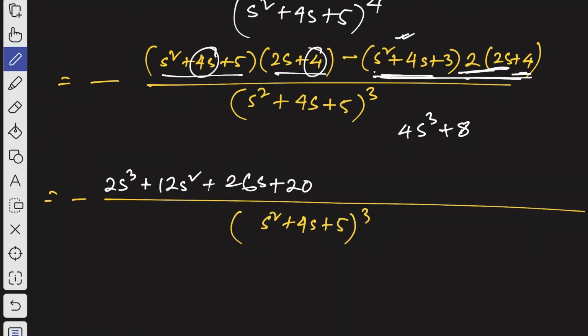So here we should get 8s square, then what we will get, 4 into 4s, that's going to be plus 16s square, 4s into 4s, 16s square, then 4 into 4s into 8, that's going to be 32s, right?